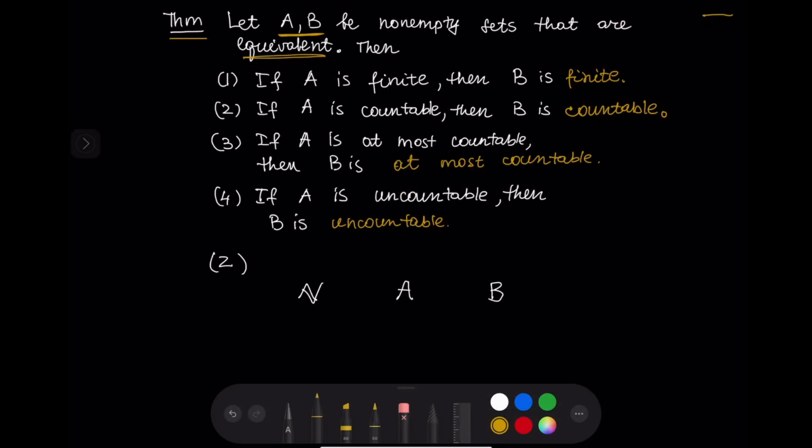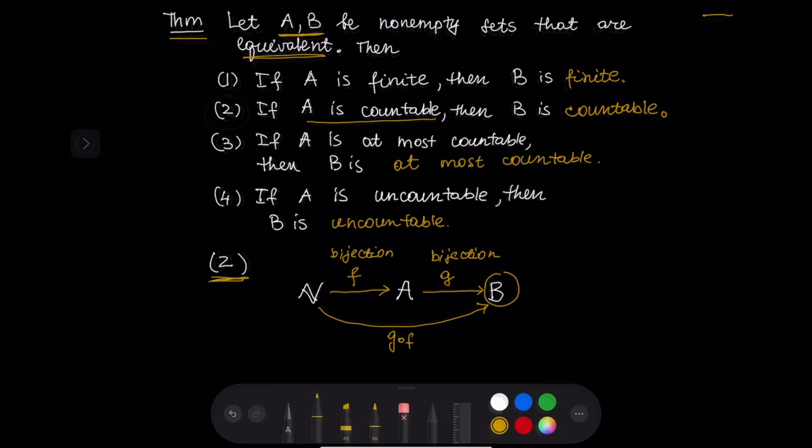So let us discuss how we would prove statement 2. We are not going to give a formal proof, but we are going to discuss how the proof would go. If the set A is countable, that means that there is a bijection f from the set of natural numbers to the set A. The fact that A and B are equivalent means that there is a bijection g from the set A to the set B. But then g composed with f is a bijection from the set of natural numbers to the set B. But that means that B is countable.